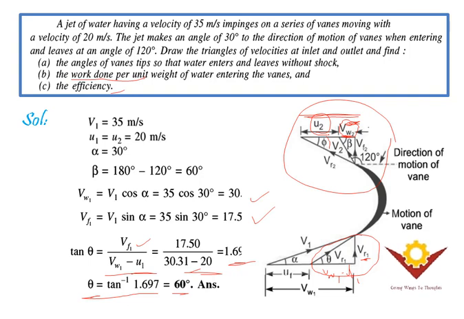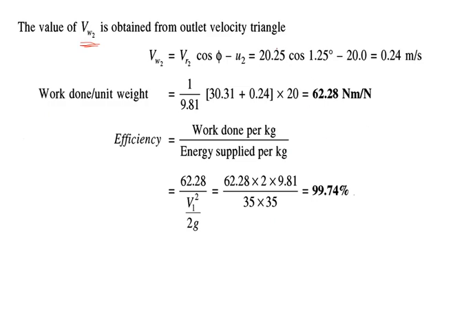If you bring this value towards this side, what you're going to get is VW2 minus U2, divided by VR2, that equals cos pi. Cos pi is nothing but VW2 minus U2 divided by VR2.